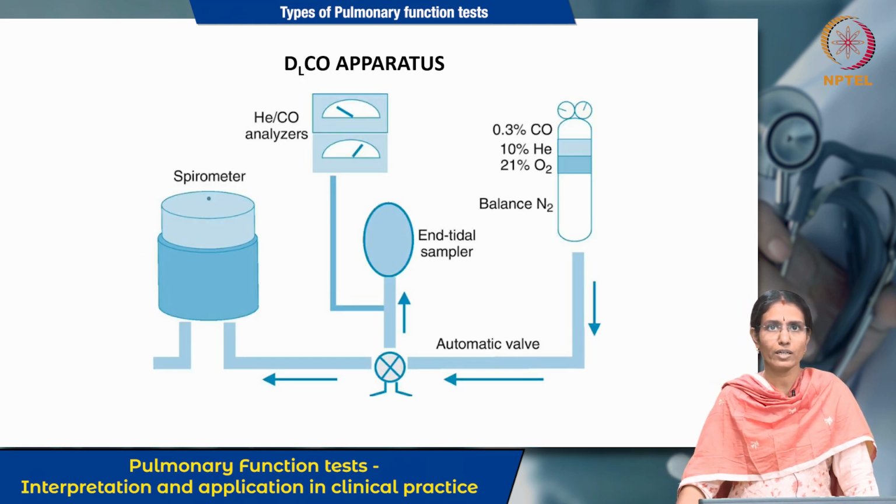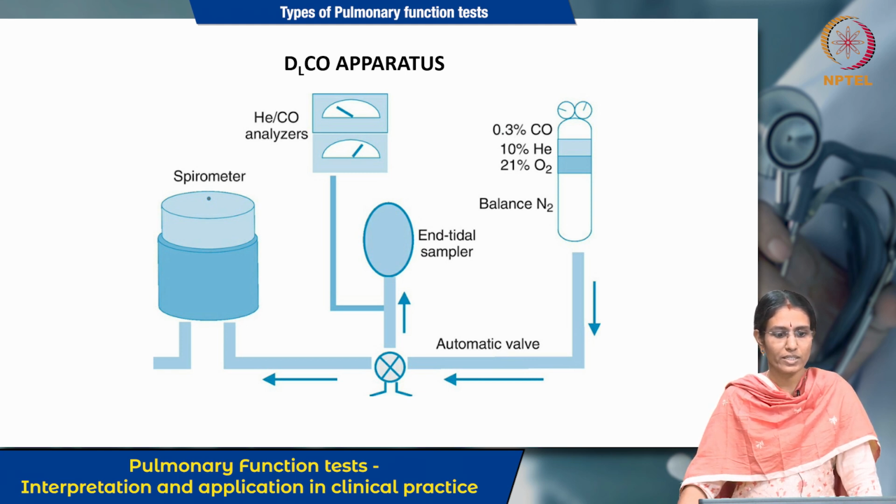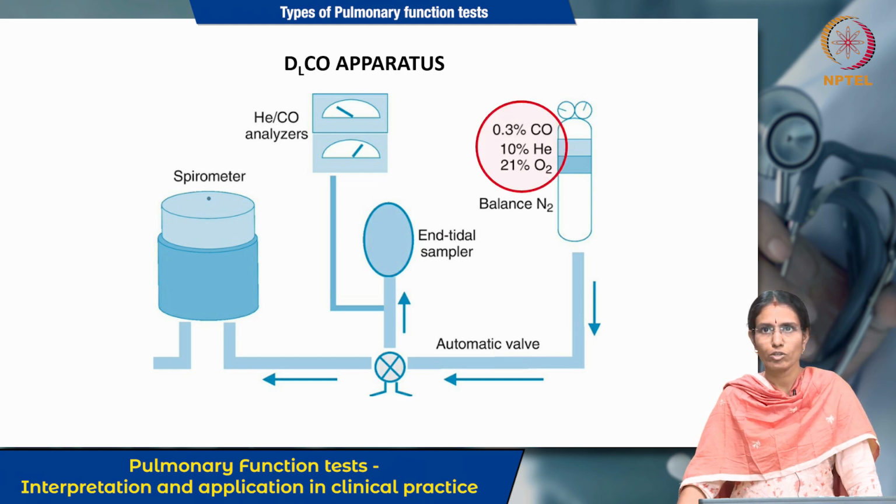What you see here will be done for you in detail in module 5. This is the diffusion lung capacity apparatus, where small concentrations of carbon monoxide along with tracer quantities of helium, and the inspiratory composition of oxygen and nitrogen, make up the mixture which the subject has to breathe. This is the DLCO apparatus.